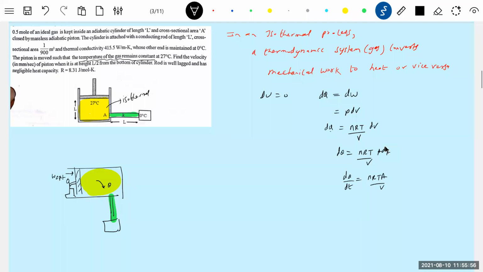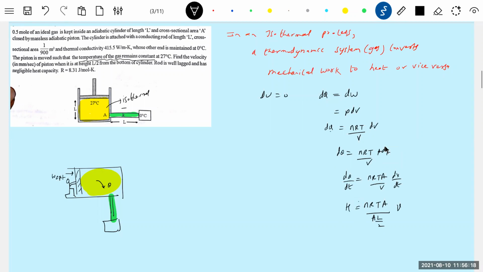That gives nRT by V times dx by dt. What was the condition? Find the velocity of the piston when it is at height L by 2. Temperature constant, the volume of gas will be A into L by 2. dx by dt is the velocity, and dQ by dt we don't know, so call it h.